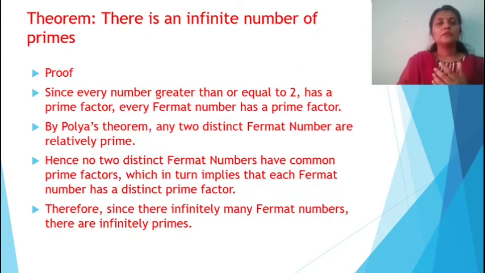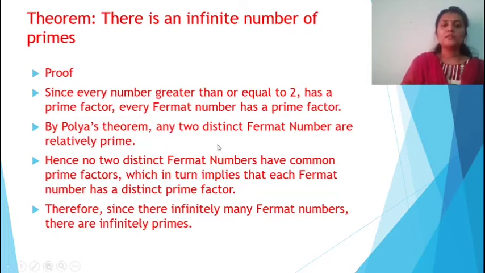Then find the product p_0, p_1, etc., p_n plus 1, and we show that this is a contradiction to our assumption. That method we have already discussed in the class. Now this is another method to show that there is an infinite number of primes.